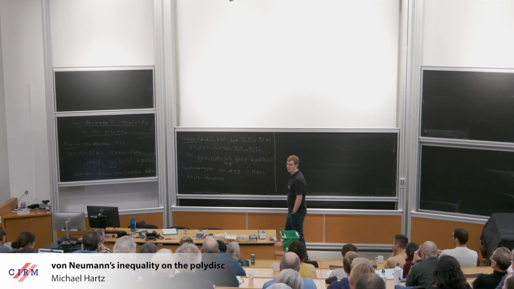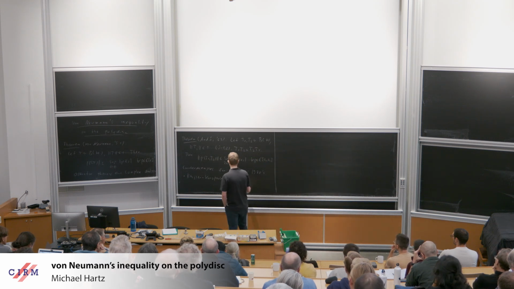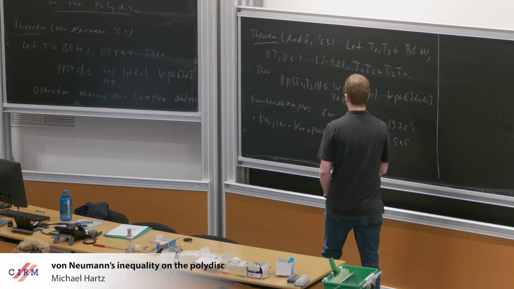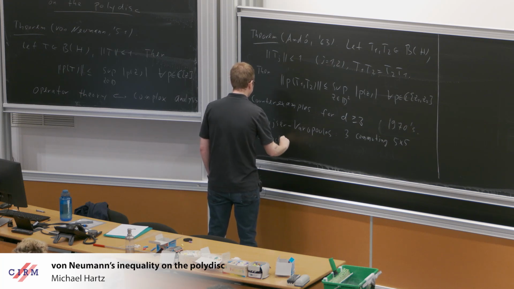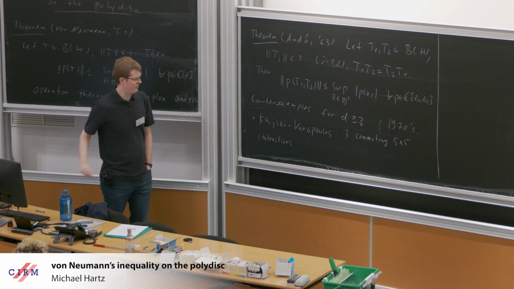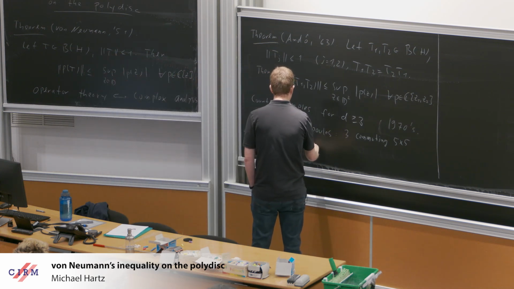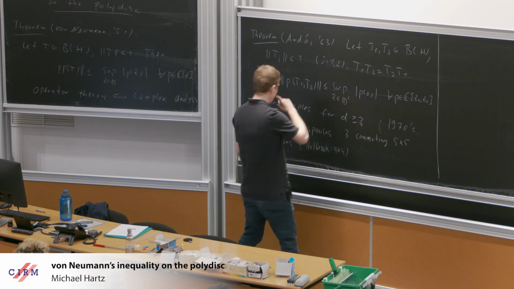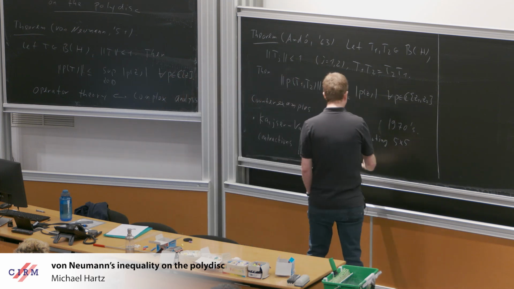And what they do is they exhibit 3 commuting 5 by 5 matrices, so 5 by 5 contractions. And later this was modified by John Holbrook to get 4 by 4 actually. So Holbrook. And a polynomial, a homogeneous polynomial of degree 2 in 3 variables.